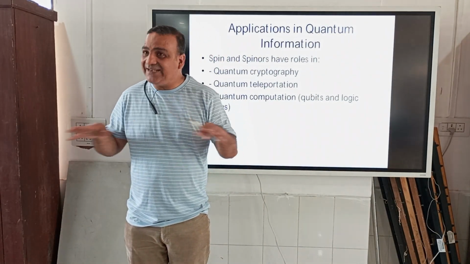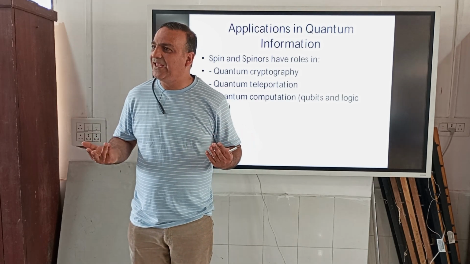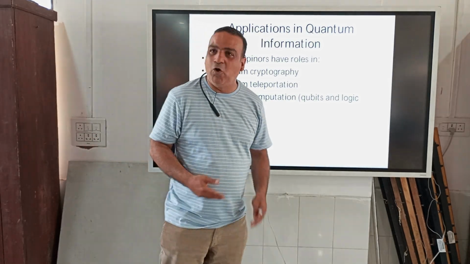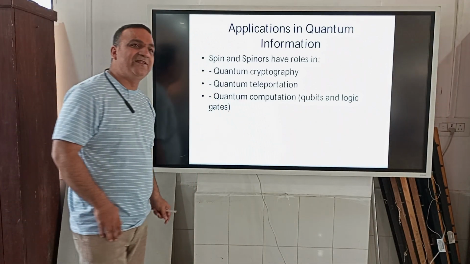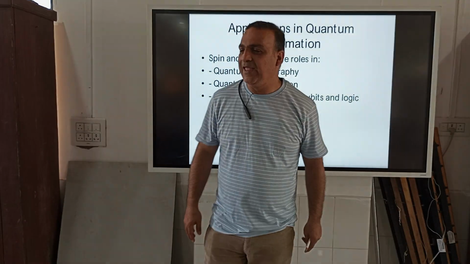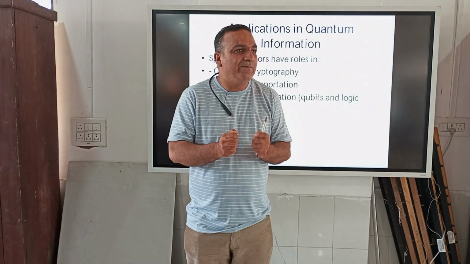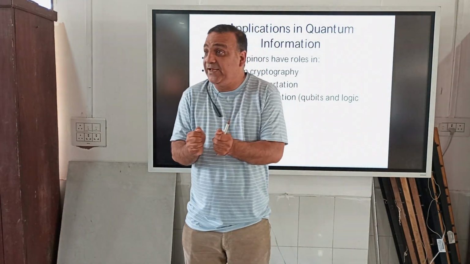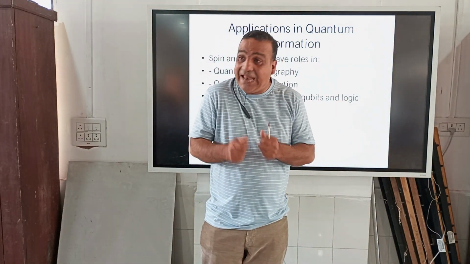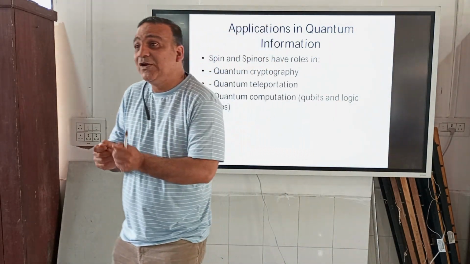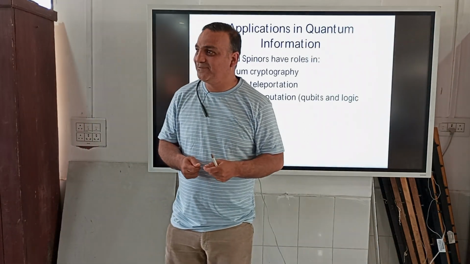Now see, the data that we have, we have phones, we exchange data. This is all working in the domain of classical physics. Our phones are filled with classical physics only. And if you have some classified data, this data can be hacked. But that's not the case when you have quantum mechanical encryption.